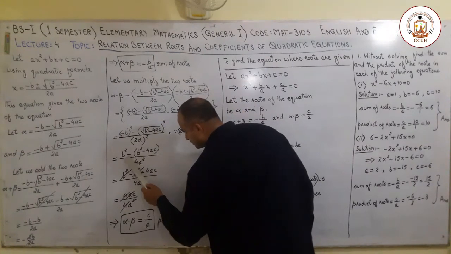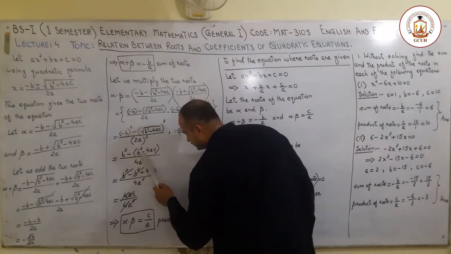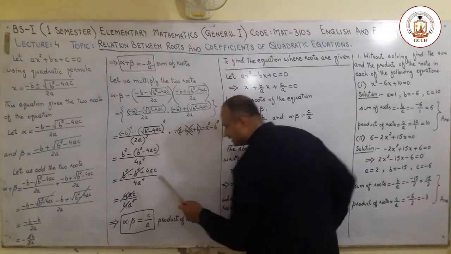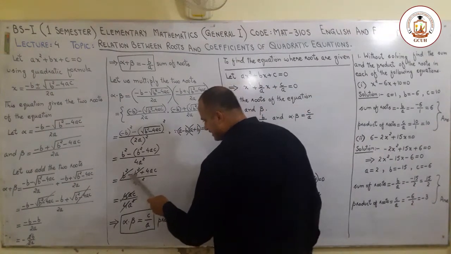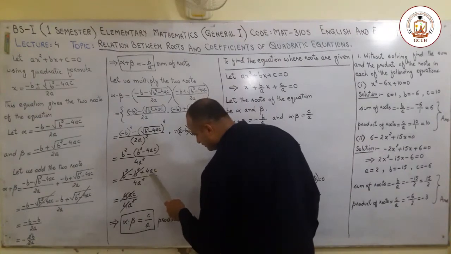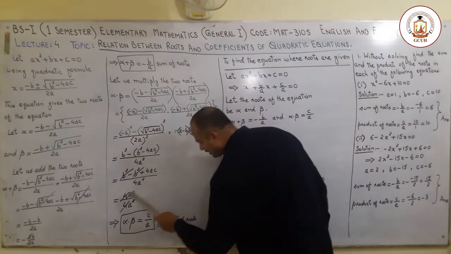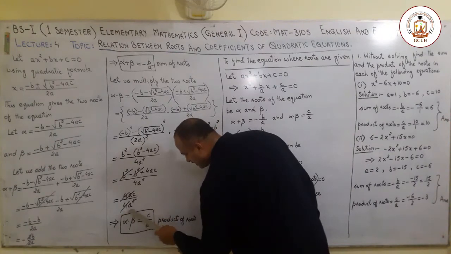Due to this minus sign the signs of these two terms will change, and b square will cancel in the next step, and the remaining term in the numerator is 4ac, and in the denominator 4a square.